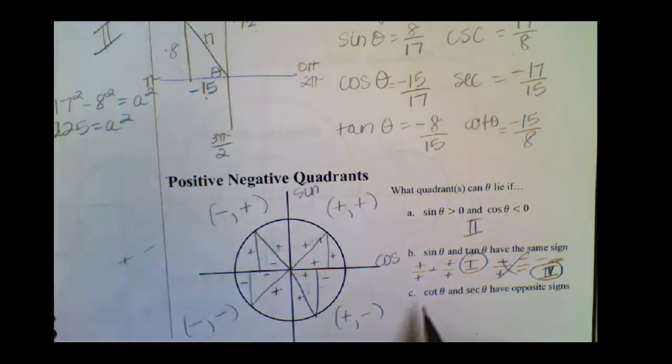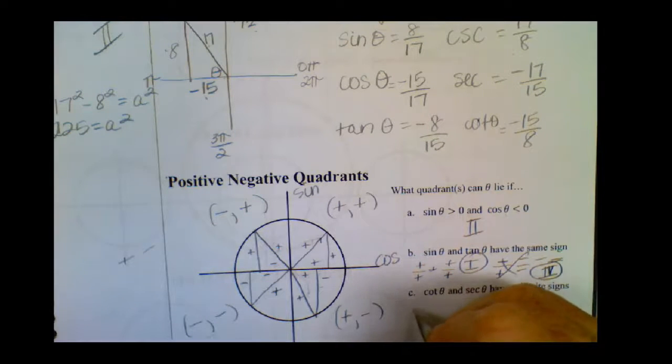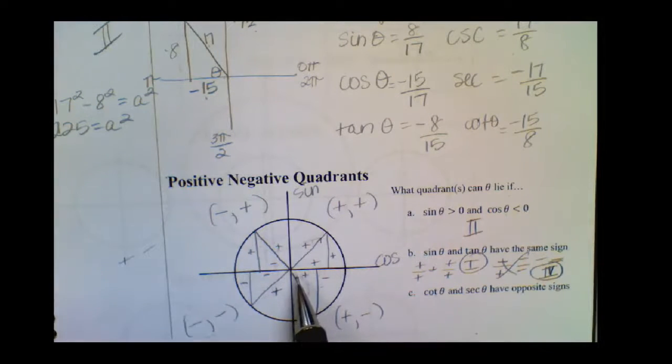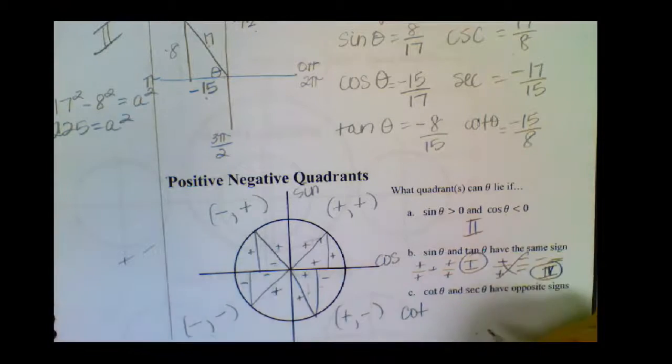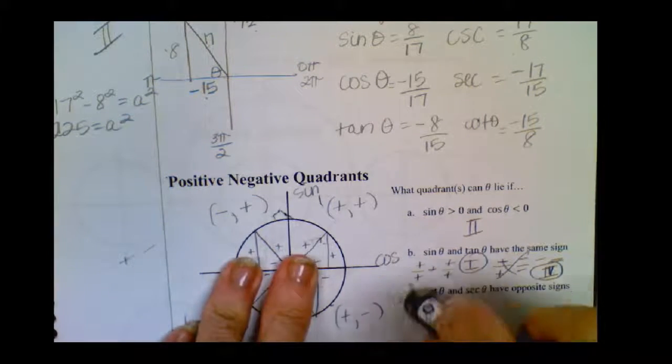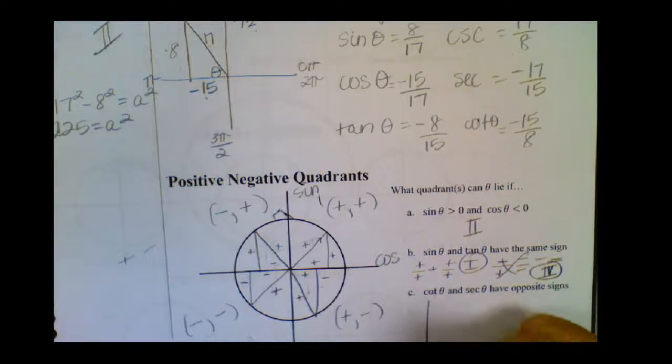Now let's just see. So in quadrant 1, cotangent would be adjacent over opposite. Let's make a little chart, for quadrant 1, 2, 3, and 4.